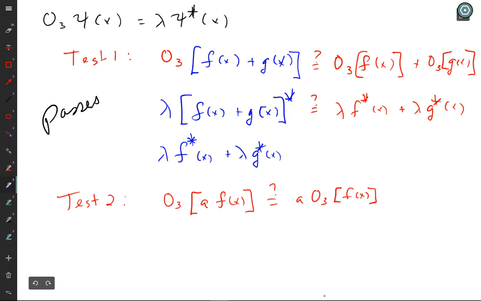So here I'm going to have this, which is equal to that. Okay, so A can be complex. It didn't say that A had to be real.